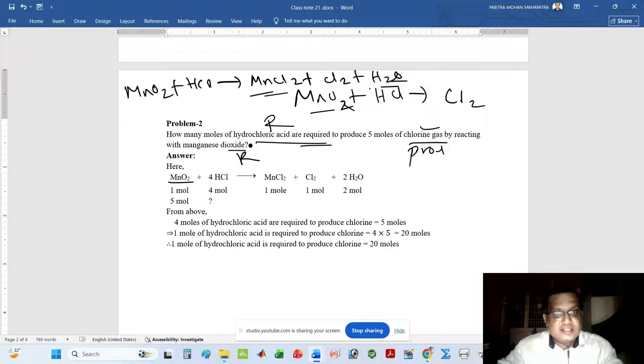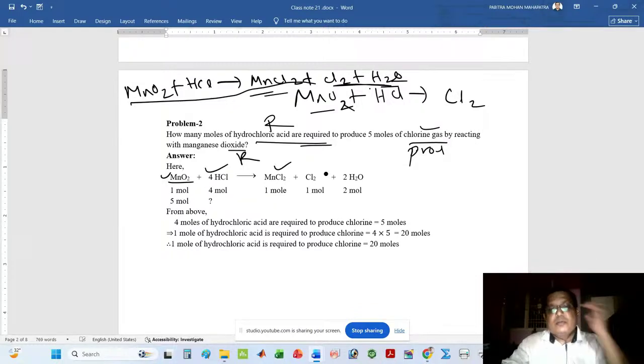If you balance this chemical equation, we get MnO2 plus 4HCl gives MnCl2 plus Cl2 plus 2 water. Now apply the relationship. Looking at the coefficient, here 1 is written, so here I can write 1 mole. Here 4 is written, so here I can write 4 mole. Here 1 is written, so I can write here 1 mole.